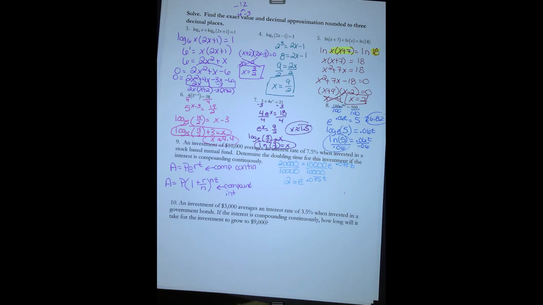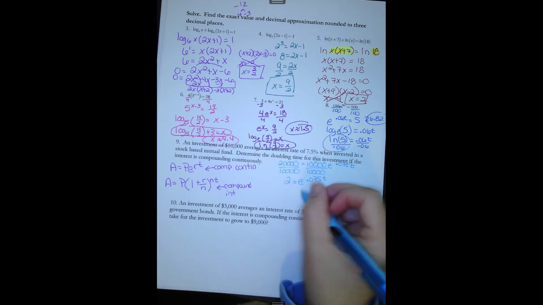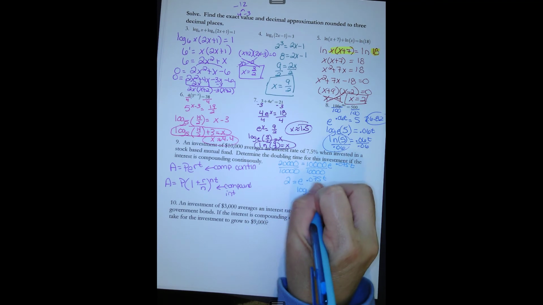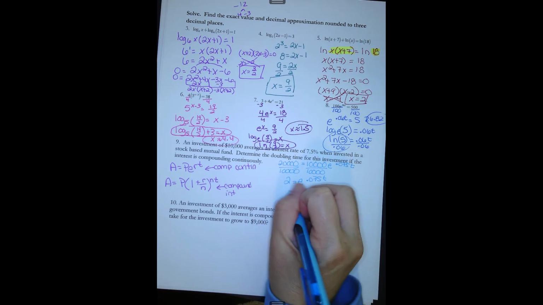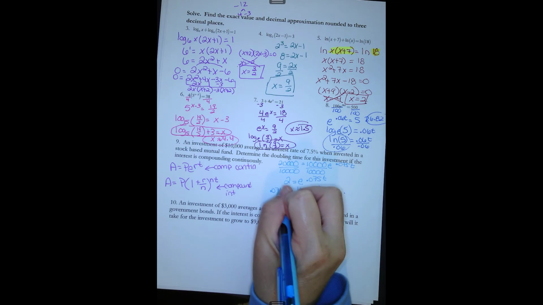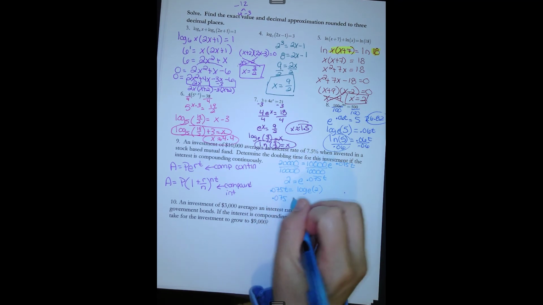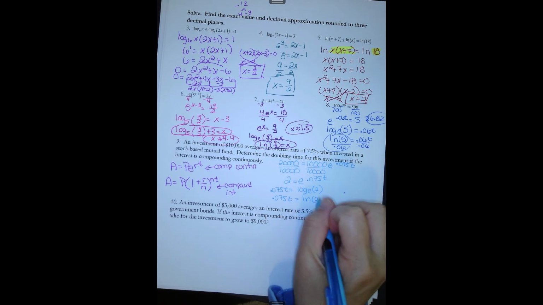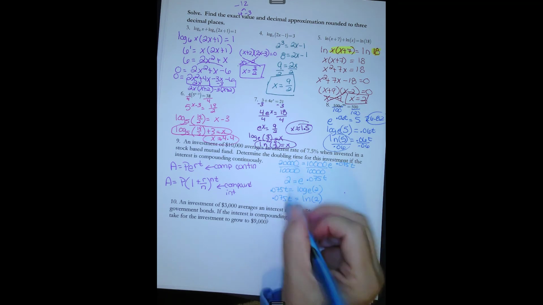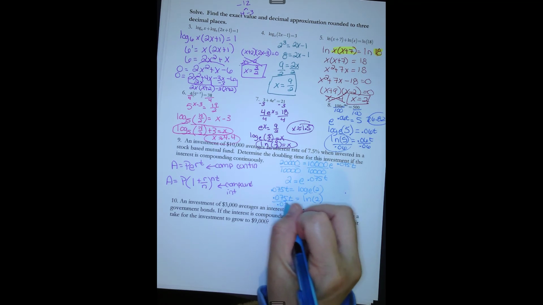And once again, what is our base? E. So we have log base e of 2 equals 0.075t. So 0.075t equals the natural log of 2. And then we simply divide.